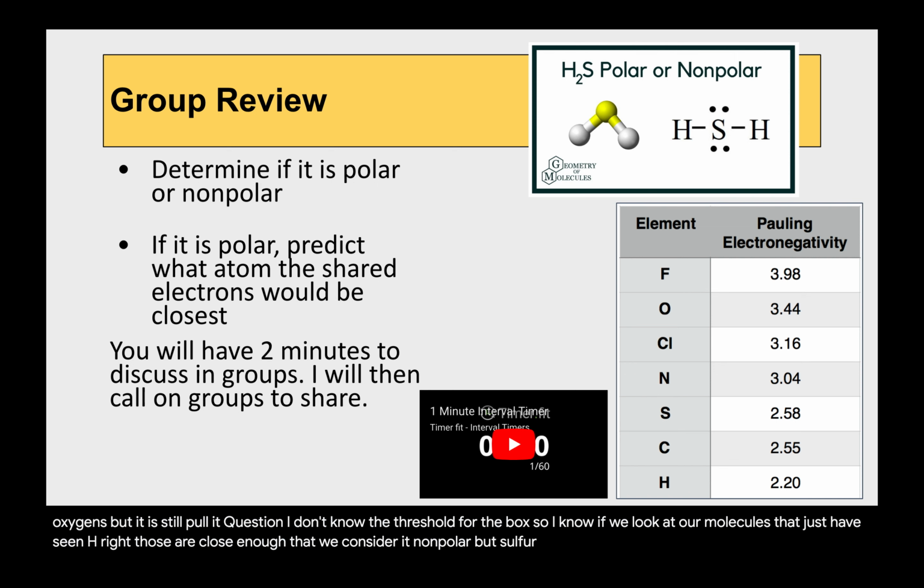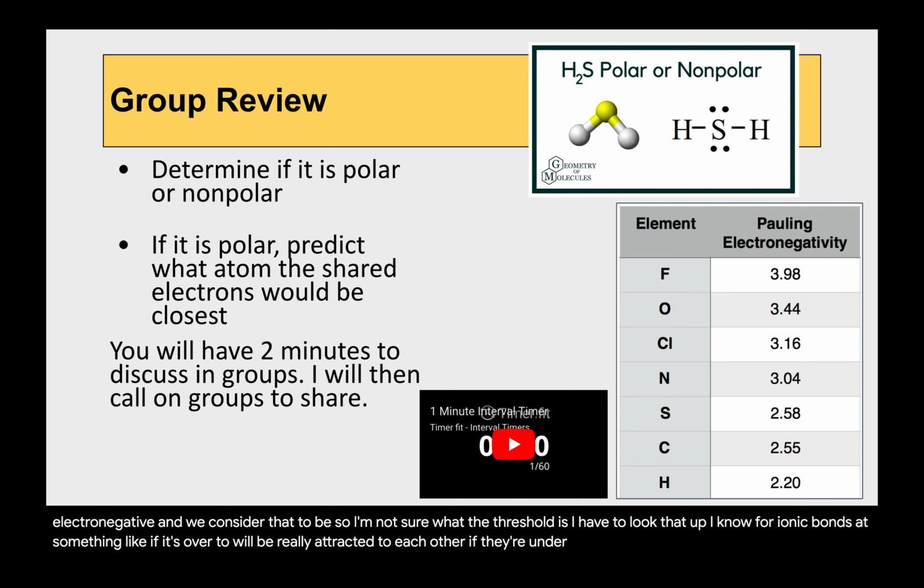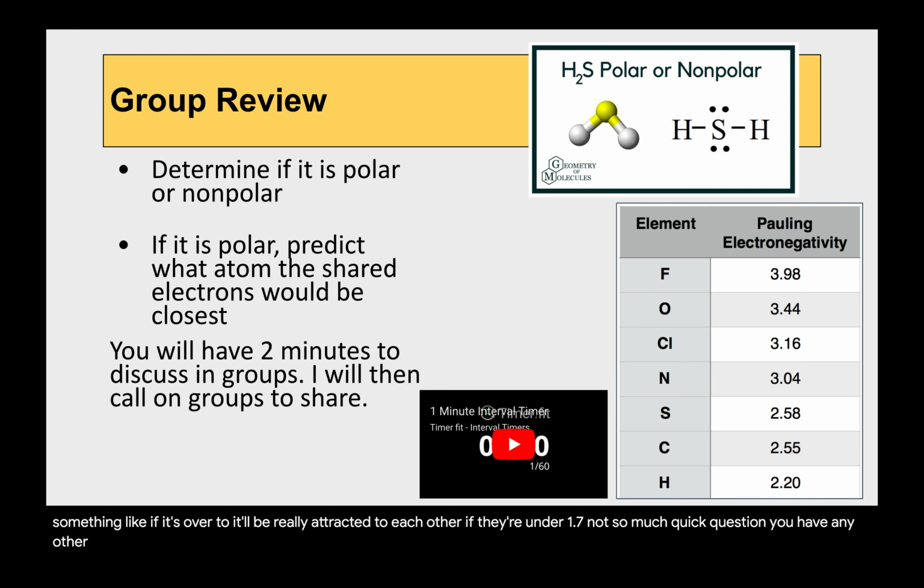But sulfur and hydrogen is just a little bit more electronegative, and we consider that to be a covalent bond. So I'm not sure what the threshold is. I'd have to look that up. I know for ionic bonds, it's something like if it's over 2, they'll be really attracted to each other. If it's under 1.7, not so much. Great question.